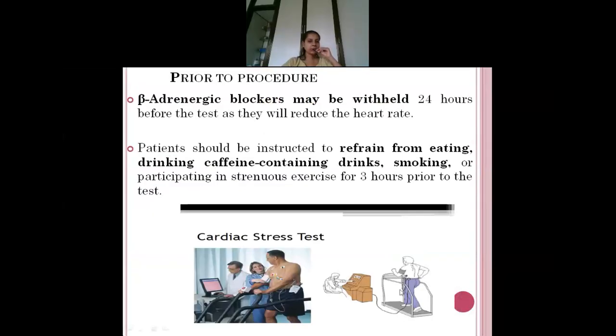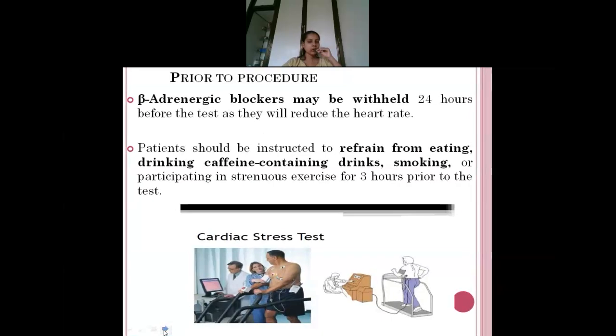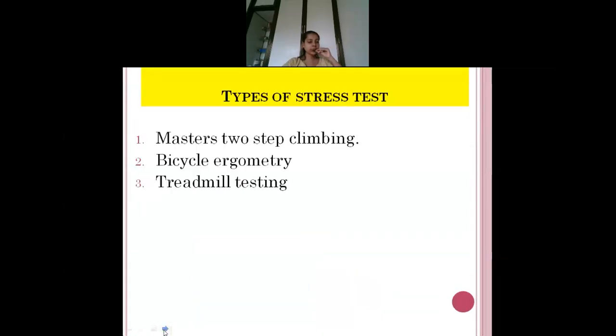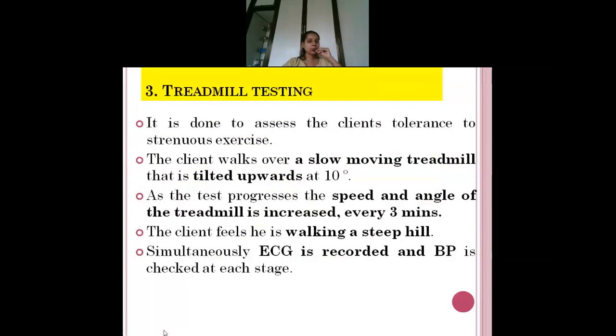So what they will do here is, similarly, before the procedure, during the procedure, and after the procedure, they will put on the chest leads and connect to the ECG machine, and on the other hand they will put on the BP cuff and keep on monitoring the BP also. Then slowly the person will have to walk on the treadmill.